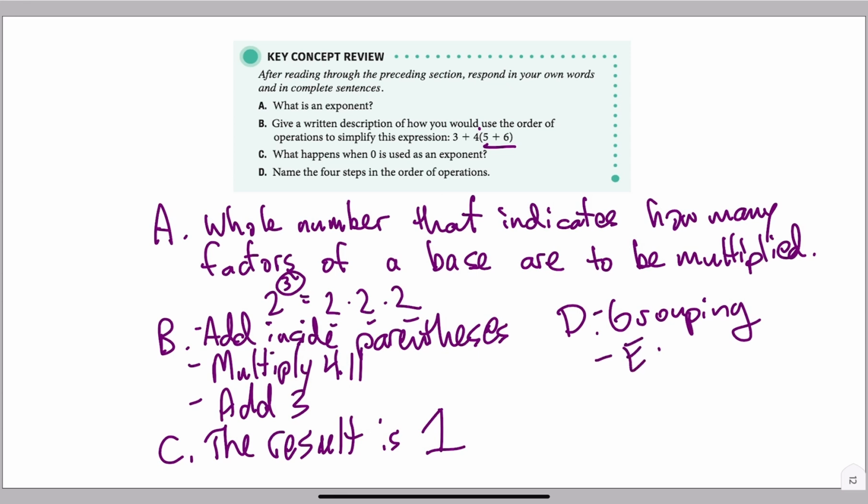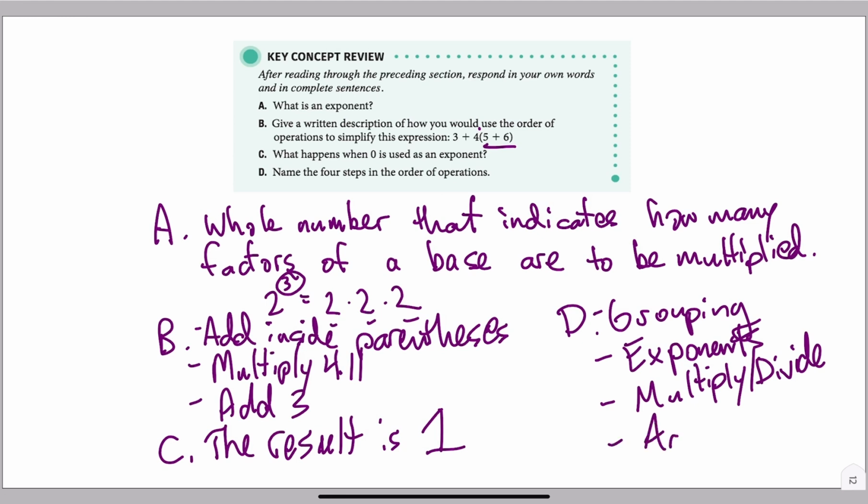Step number 2 is evaluate any exponents. Step number 3 is to multiply or divide from left to right. And step 4 is to add or subtract, also from left to right. That's super important that these two go left to right.